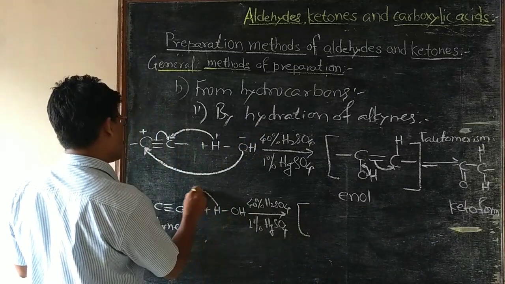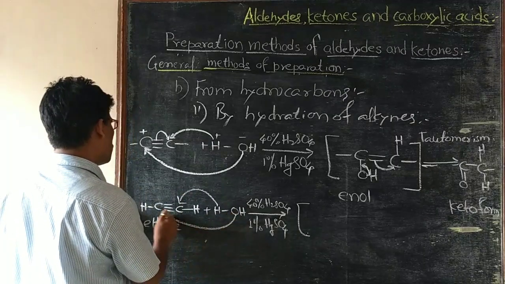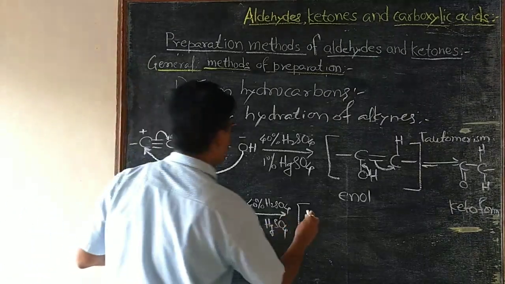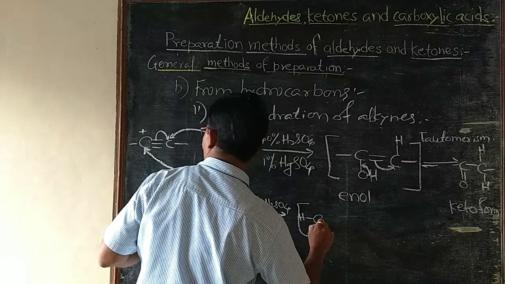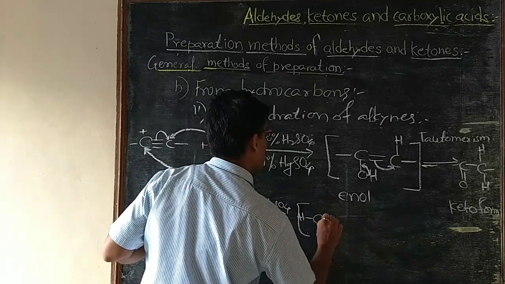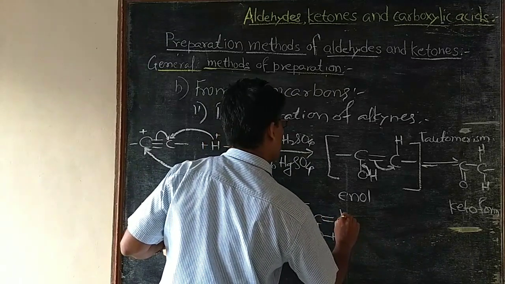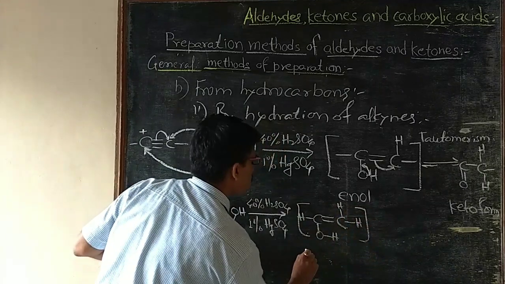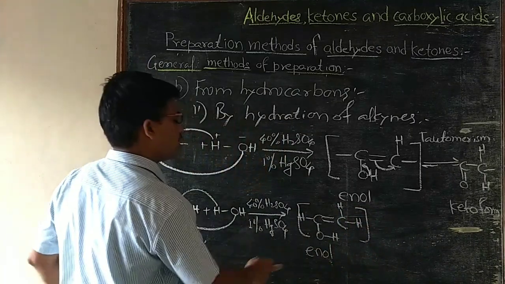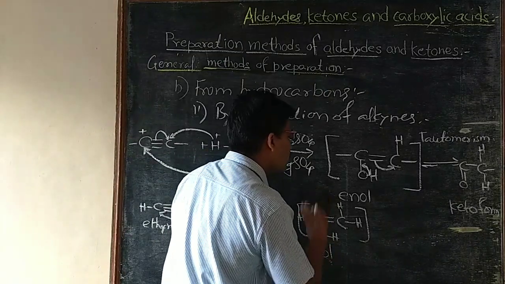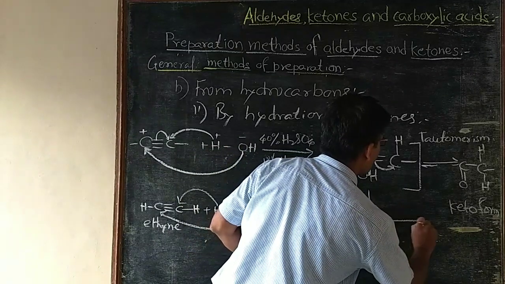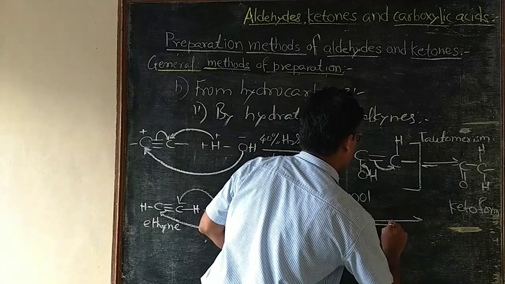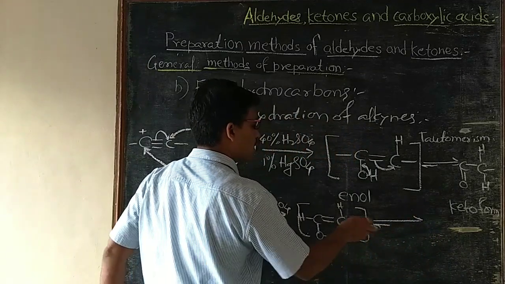That is, this hydrogen goes to this carbon atom, this OH group goes to this carbon atom to form its addition product CH-OH double bond CH. It is the enol addition product. This further undergoes tautomerism. It is unstable. It undergoes tautomerism.